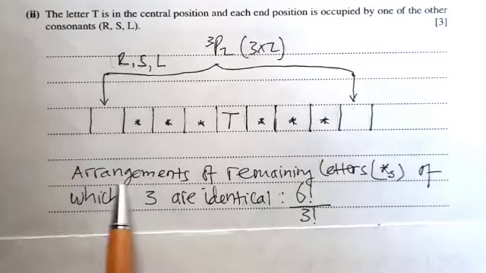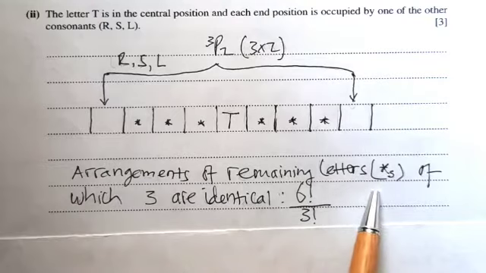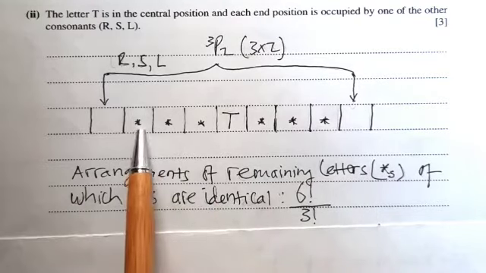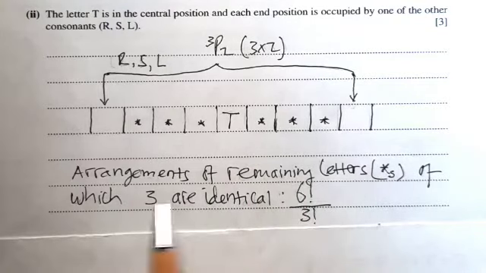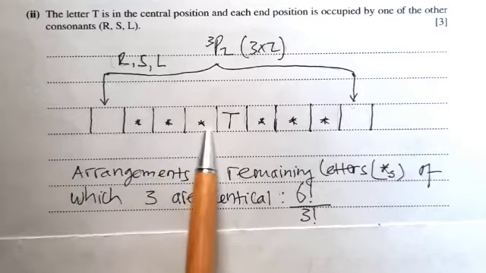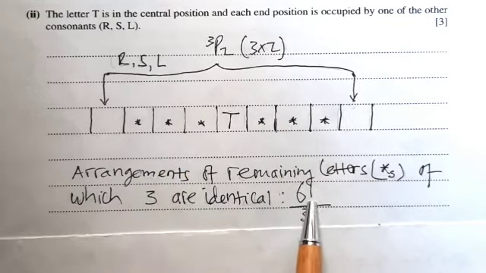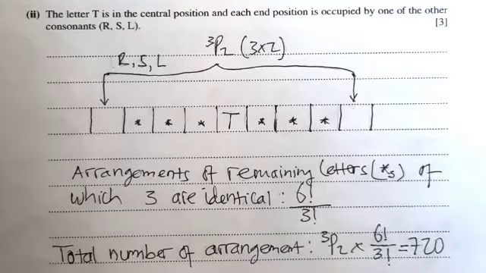And then the arrangement of the remaining letters, that is 6 letters, of which 3 are identical because there are 3 As in the remaining letters. Thus, that is 6 factorial over 3 factorial. Thus, the total number of arrangements is 3 permutation 2 times 6 factorial over 3 factorial, that is 720.